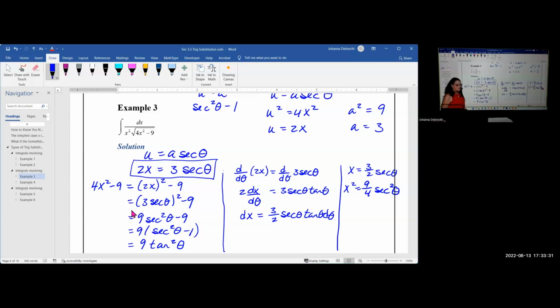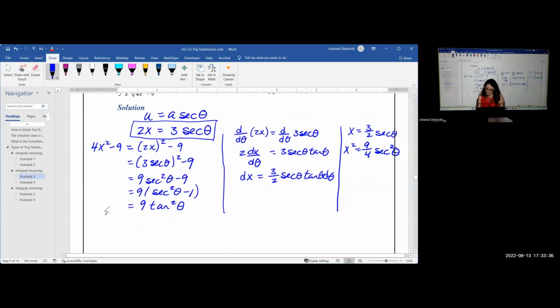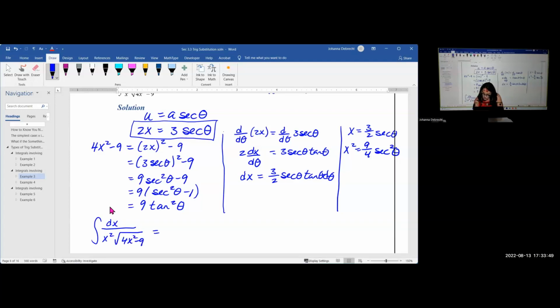So now we're going to replace our original integral with something in terms of theta instead. So I have the integral of dx over x squared, square root of 4x squared minus 9 equal to, dx is going to be replaced with 3 halves secant theta tangent theta d theta, divided by, and then x squared becomes 9 over 4 secant squared of theta.